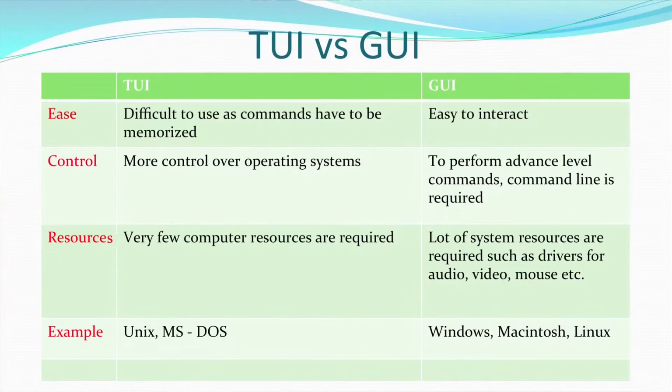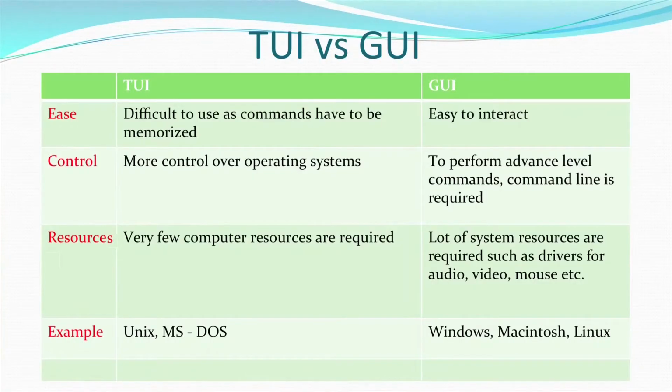Then we have compared on the basis of resources. Your text user interface requires very few resources because the input is only through the keyboard, whereas the graphic user interface requires a number of resources. You need the keyboard for text input, the mouse for clicking. You also have the option of scanning an image or recording an audio or a video.